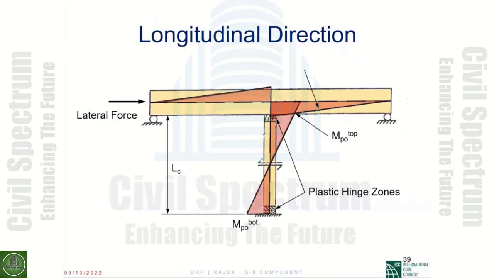For the integral cap, make sure that, as I told you before, you have a bending moment at the top of the column, and this bending moment would transfer to the moment inside the superstructure.